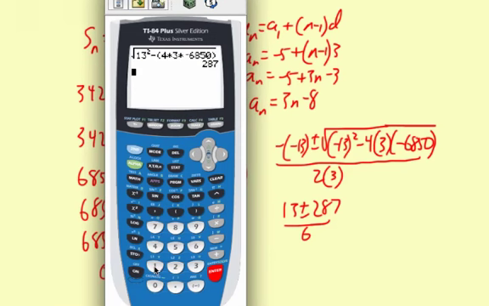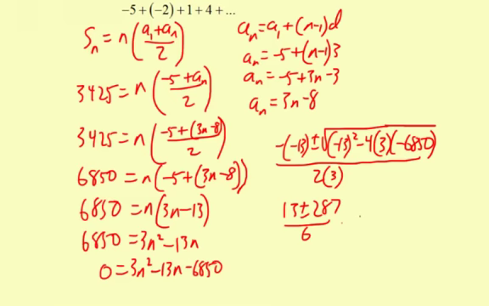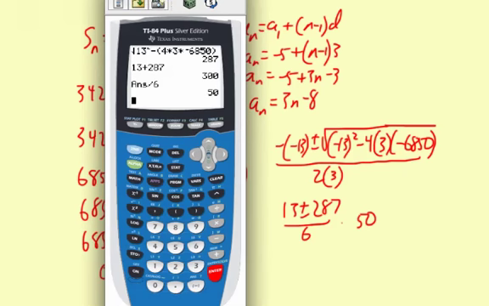Back to the calculator. 13 plus 287, enter. Divided by 6, enter. 50. So we're going to have a 50 for the positive, and let's do the other one also. 13 minus 287, enter, divided by 6, enter.